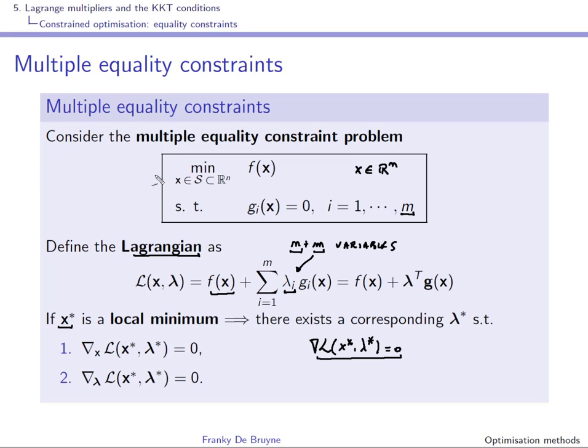But again, we have transformed a constraint minimization problem with equality constraints into an unconstrained minimization of the Lagrangian function. This gradient can be rewritten as follows. And again, these last m equations will simply encode the fact that at the optimum, these equality constraints have to be met.